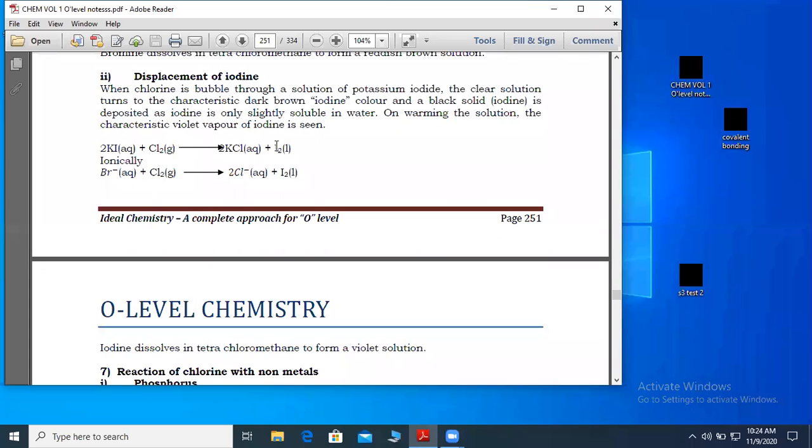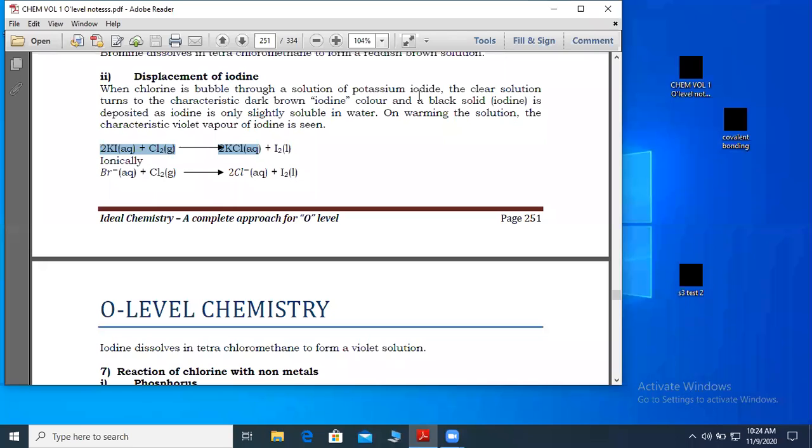Now, that is the same thing that occurs with iodine. If you have potassium iodide, chlorine will displace the iodine and it will form iodine as a liquid, and iodine is dark brown. So in this case, your observation is going to be a colorless solution turns to a dark brown solution. And what is dark brown? The dark brown solution is for iodine.